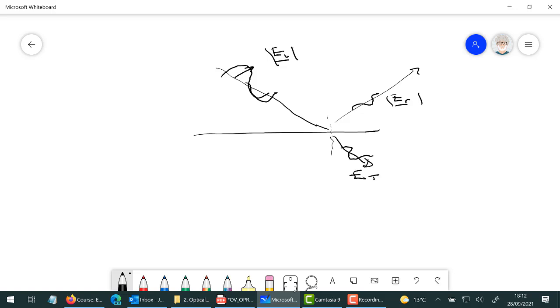Taking the magnitude of them, our reflection coefficient is the magnitude of E_R over the magnitude of E_I, the incident.